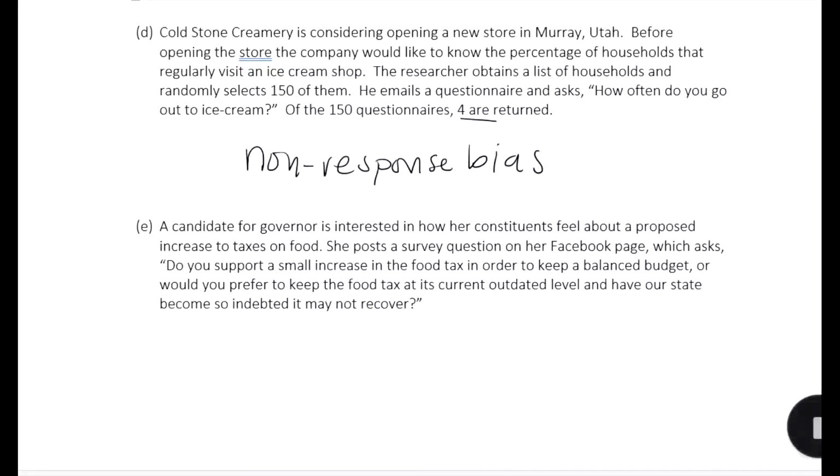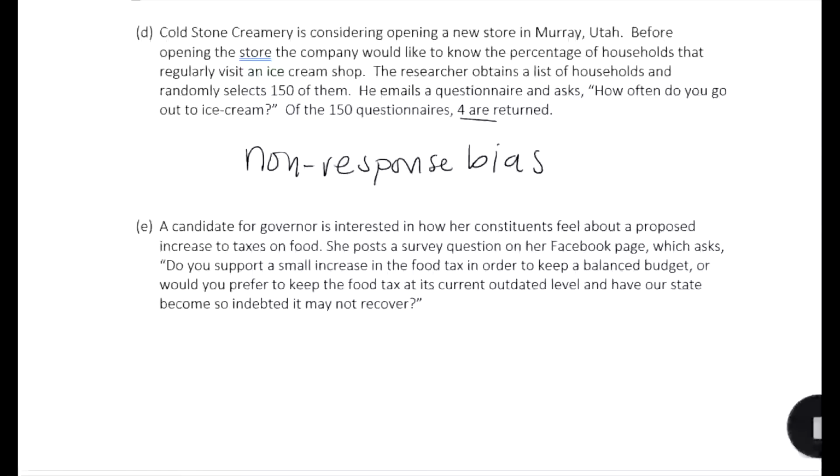So when you want to ask yourself the questions: would people who responded be representative of this governor's entire constituent population? Okay. Do all of her constituents follow her Facebook page? Because this is a survey that people responded to only if they wanted to, could the people who responded potentially have a stronger opinion than those who did not respond? Okay.